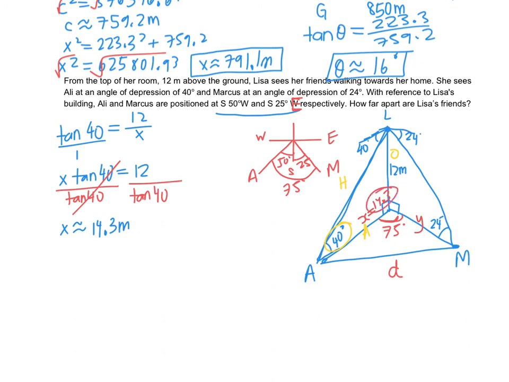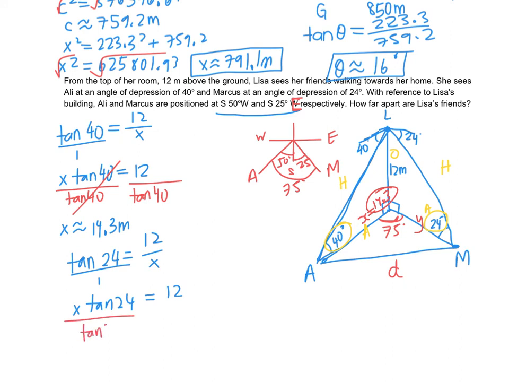And then we'll do the same thing for Y, and 12 is still opposite 24. The blank side is the hypotenuse, and the Y that we care about is adjacent. So we're using tan again, but this time it's tan 24. Same cross multiplying, X with tan 24, the other side with 12, which is just 12.